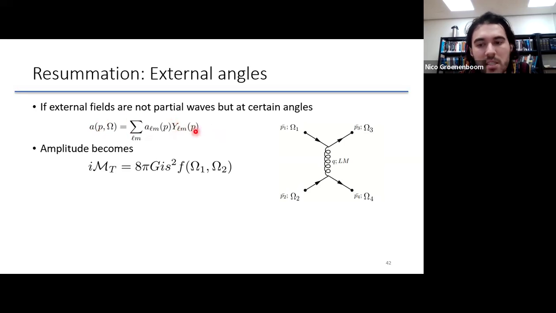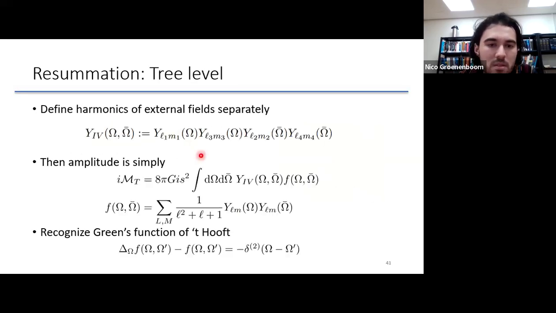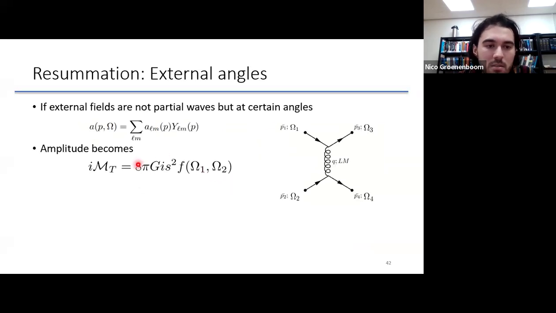Doing this summation over the spherical harmonics together with the YIV turns them into a delta function, removing the integrals. So what we find is that the amplitude becomes just the prefactor times this Green's function between the positions of the two particles that go into the scattering.